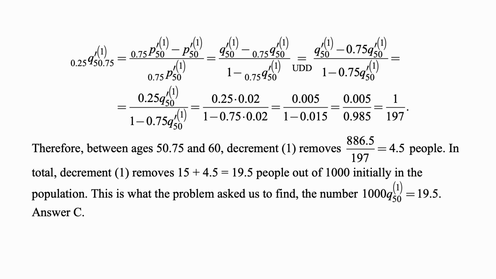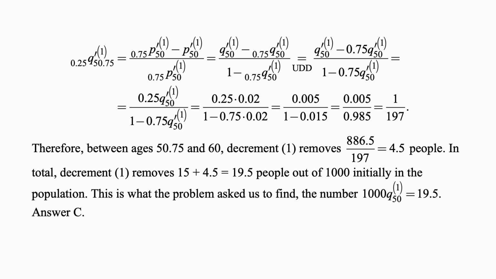And at the bottom, we have something like the initial population, adjusted for the population. The bottom refers to the size of the population at age 50.75. So it's the probability of survival from age 50 to 50.75 with respect to decrement 1 operating, being the only one that operates.